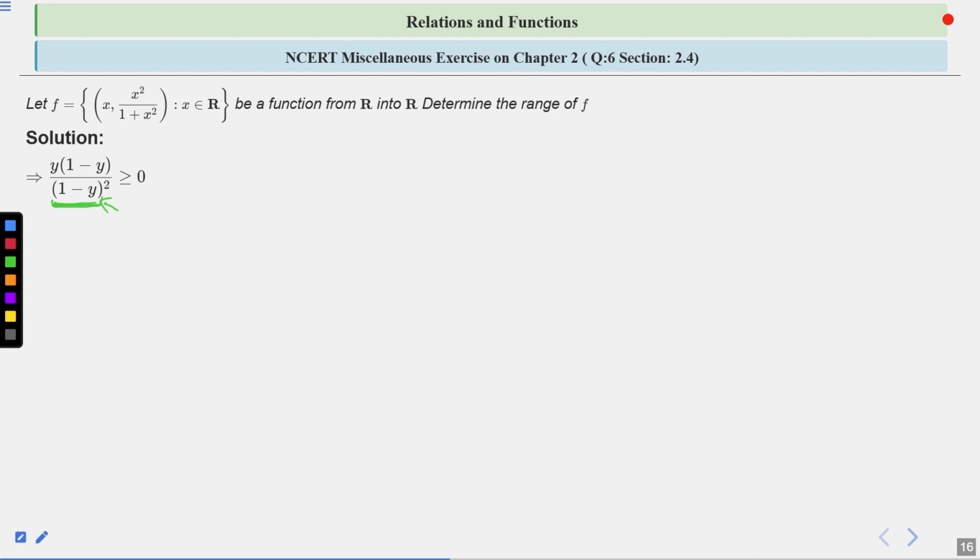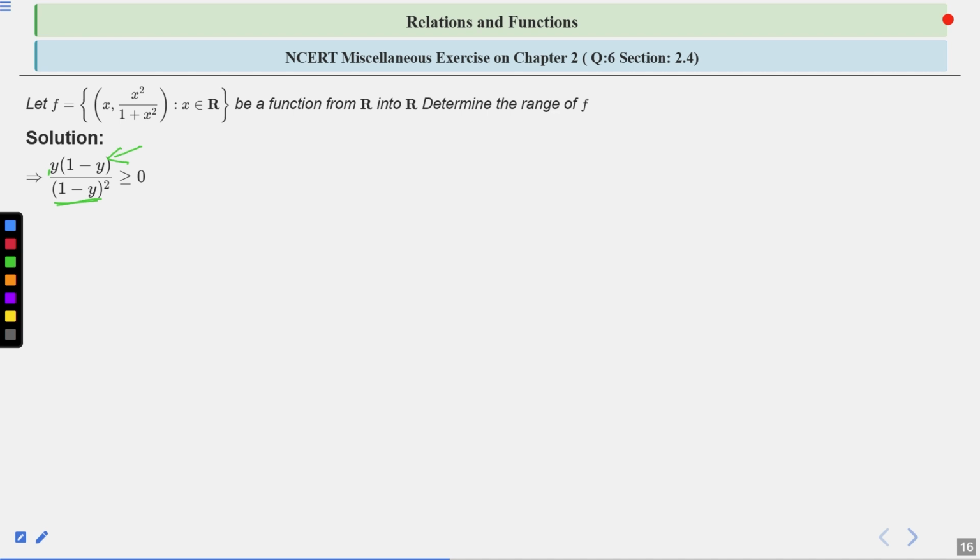How? I want this expression to be greater than equals to 0, and I know square of any real number is always non-negative, meaning I want the complete expression to be positive and denominator is already some non-negative, meaning the sign only depends on the numerator expression. If numerator is positive, then the whole expression is going to be positive.